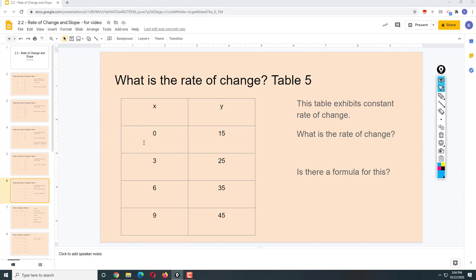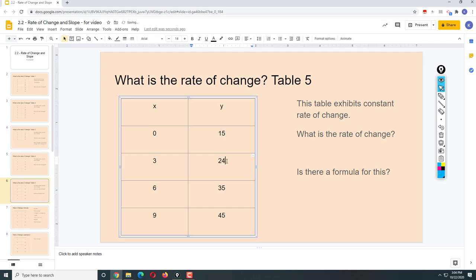What about this one? Well, this time x is going up by 3. So to fill in the blanks, we would have to do this 1, 2, 4, 5, like that. Well, how much is y going up every time? Well, in total, y is going up by 9.